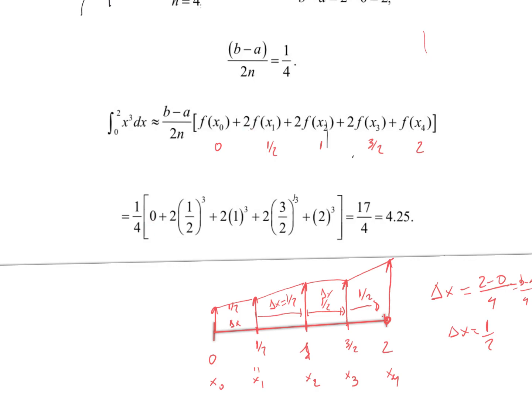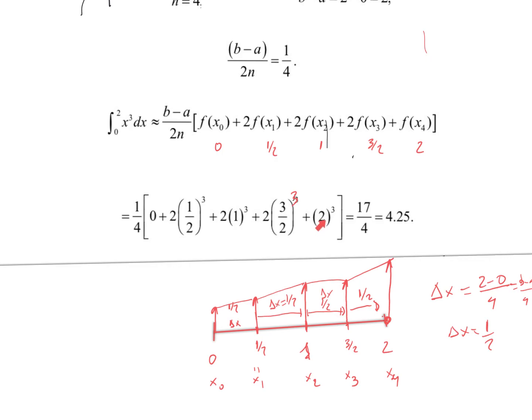What is 2 times f of x1? f of 1/2 is 1/2 cubed, plus 2 times f of x2. x2 is the point 1, 2 times 1 cubed, plus 2 times 3/2 cubed, plus 1 time f of x4. x4 is 2, so 2 raised to the power 3 is 8.